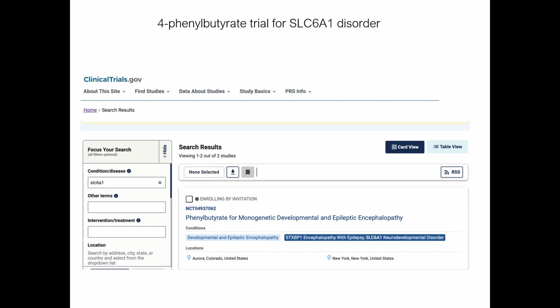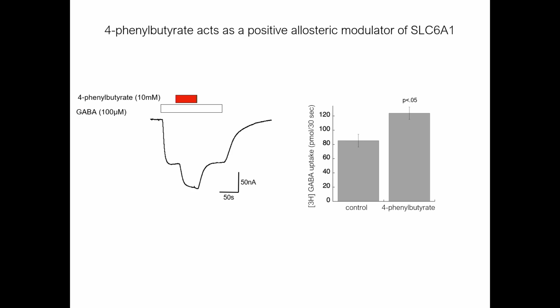And the impetus for this study, I think, really came out of work from a number of labs, including Katty Kang's lab, that suggests that phenylbutyrate may be a chemical chaperone that increases the amount of GAT1 expression at the cell surface. And we were also looking at the effects of phenylbutyrate on neurons in the brain and also on SLC6A1 directly expressed in exogenous systems.